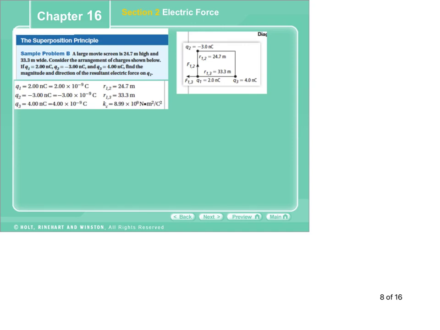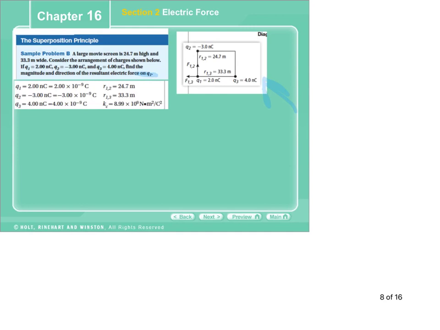And here we have a little sketch. Got a movie screen, distances, Q's labeled in the appropriate corners according to what they said here. So we're trying to find the forces on Q1.